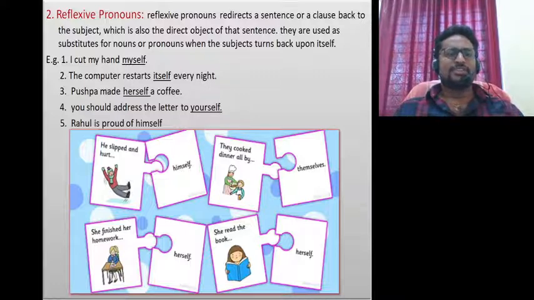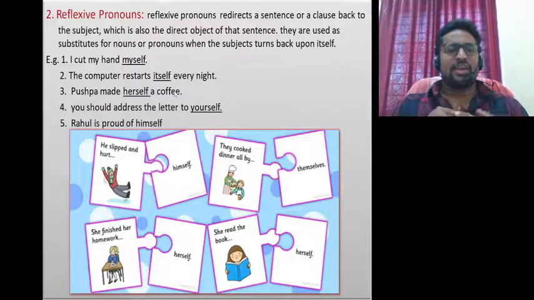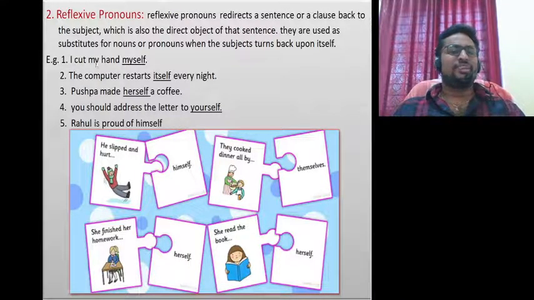The computer itself restarts every night. So itself is the action, and that action is reflecting back onto it. Who is it here? The computer is it. Pushpa made herself a coffee. Who made the coffee? Pushpa made coffee herself. That action, herself, is reflecting back onto the subject.